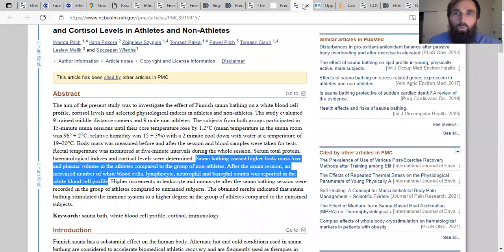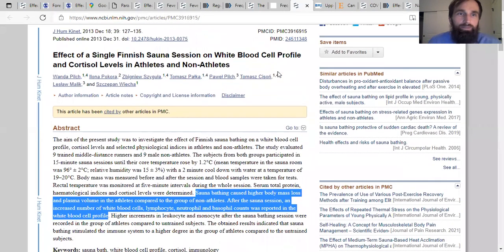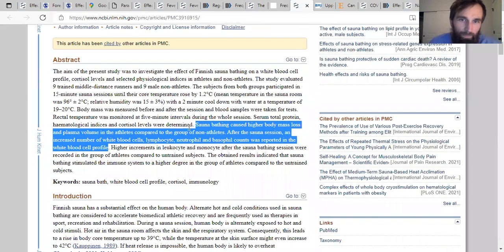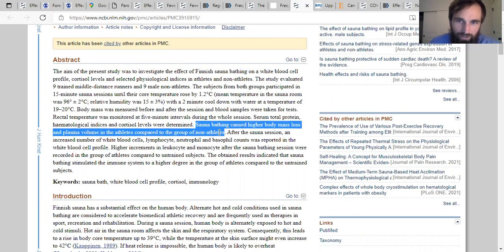So we'll move on and talk a little bit about one more study: Finnish sauna on white blood cell profile and cortisol levels in non-athletes. We'll just look at this part. Sauna bathing caused higher body mass loss and plasma volume in athletes compared to the group of non-athletes.